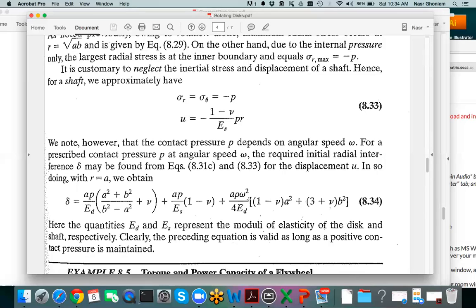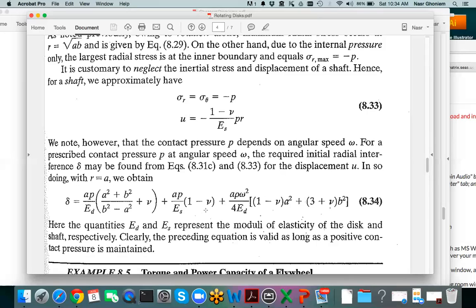So what do we want? We want, for example, the critical speed for separation. Then we put P equals 0, because at that point the interfacial pressure is going to be 0, and solve this equation for the value of omega that will cause the interfacial pressure to be 0.